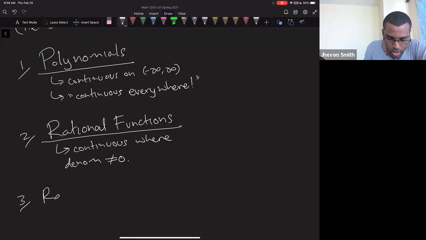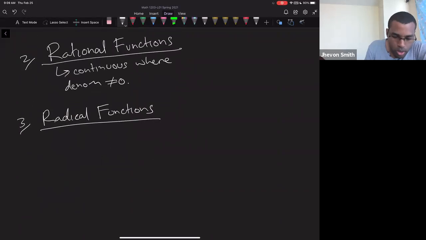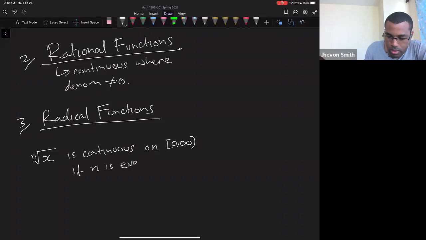Three, radical functions. So square root of x, cube root of x, things of that sort. This guy is continuous for 0 to infinity, you say continuous on, if n is even, right?